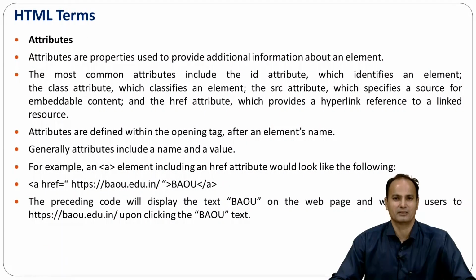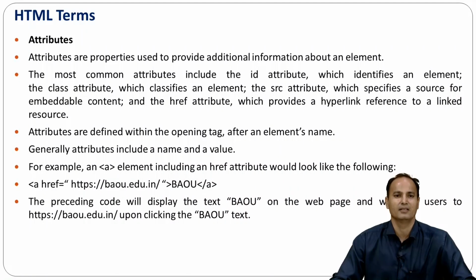Then attributes are another concept with respect to the HTML document. As we see, the HTML document consists of elements, and elements are categorized as paired tags, unpaired tags, and self-closing tags. Then the next concept is attributes. Attributes are properties used to provide additional information about an element or tag.